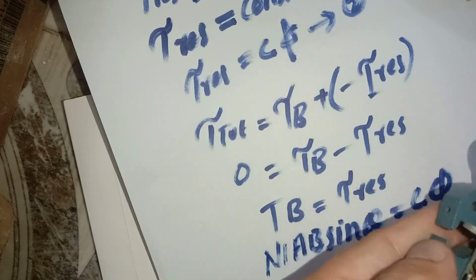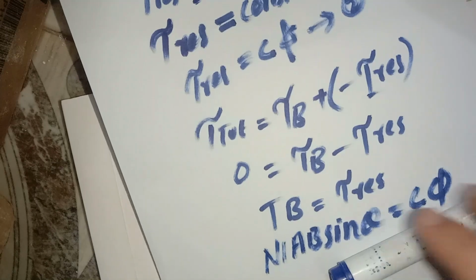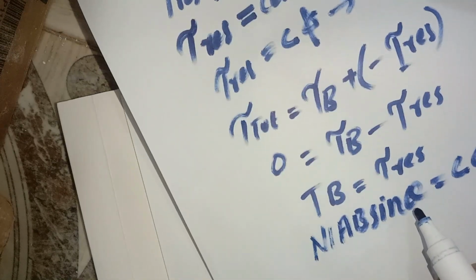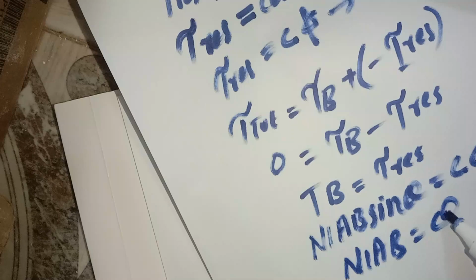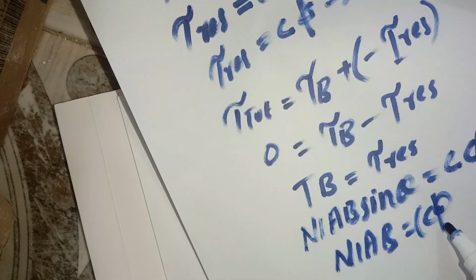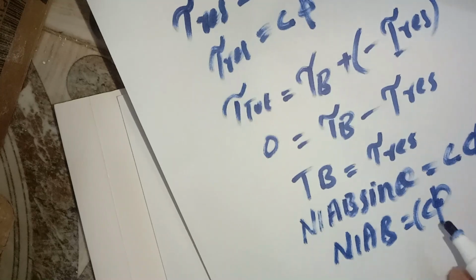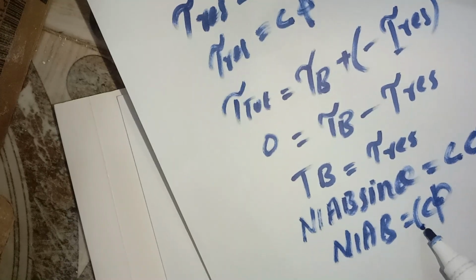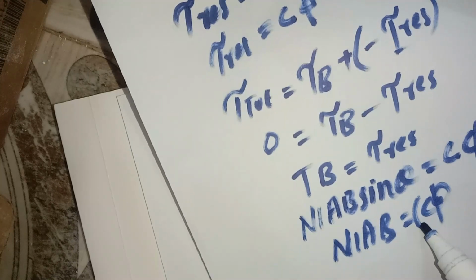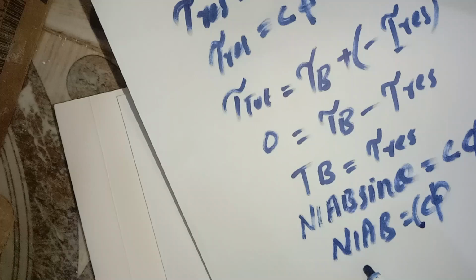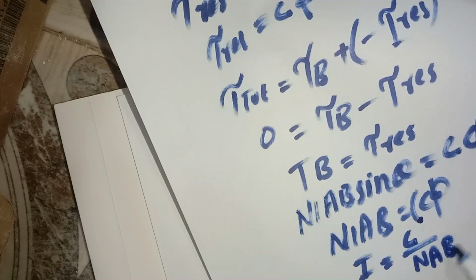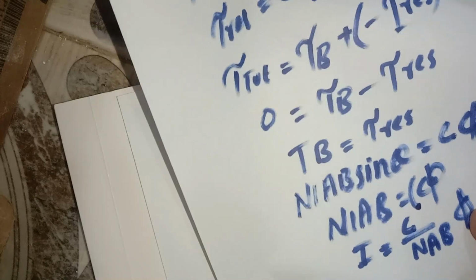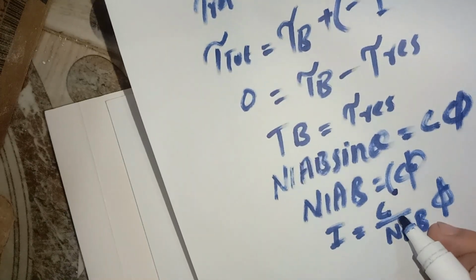Therefore sine 90 is equal to 1. So NIAB is equal to C phi, and I is equal to C divided by NAB, into phi.